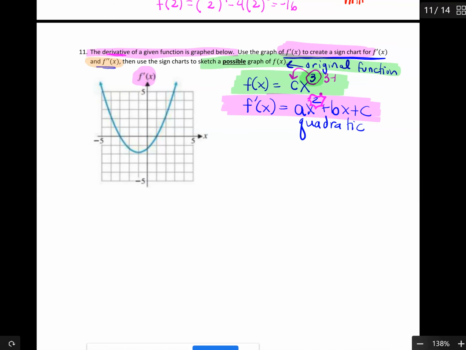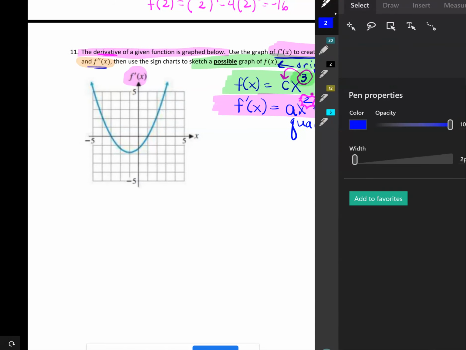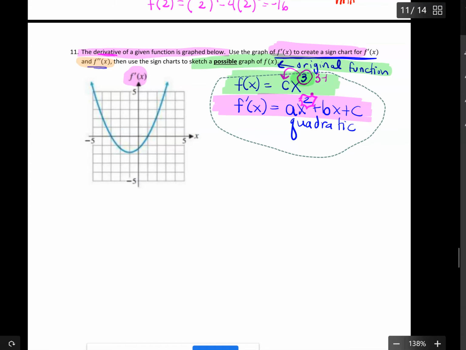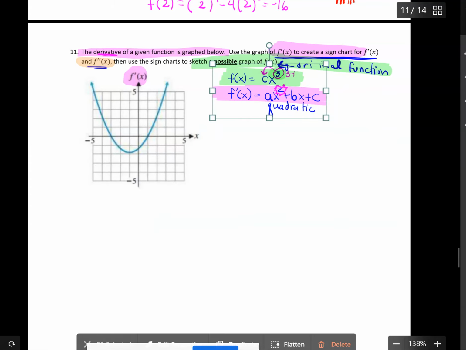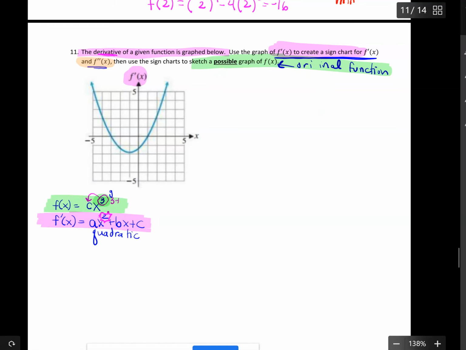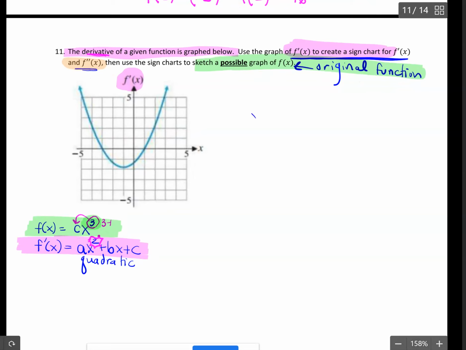It's so tempting, right? So if you were thinking that, this is where you have to convince yourself why that did not make sense. Oh, go ahead. Oh, I thought I heard a hand, but I don't see a hand. Never mind. Okay. So we have to convince ourselves why we're not going to put -1 on this chart. The reason why is because this graph is of the derivative, right?